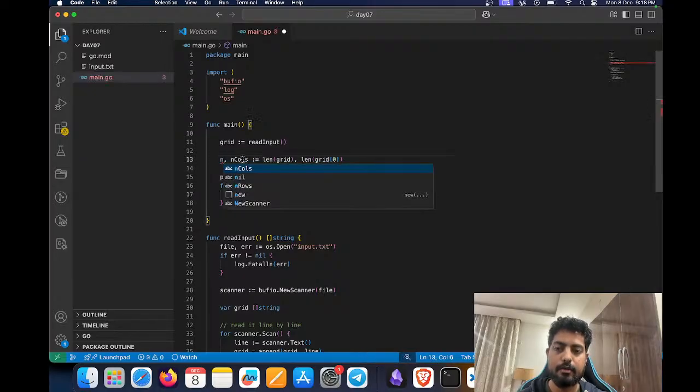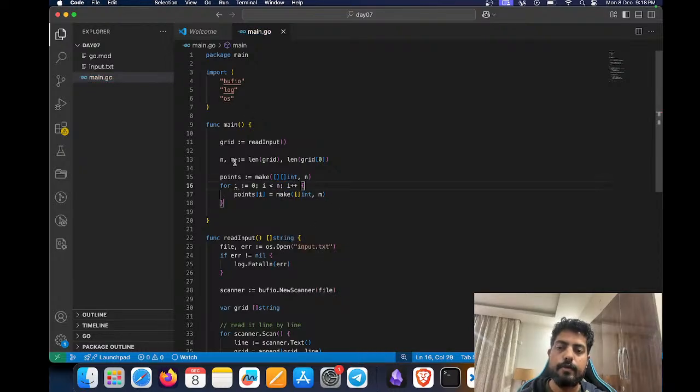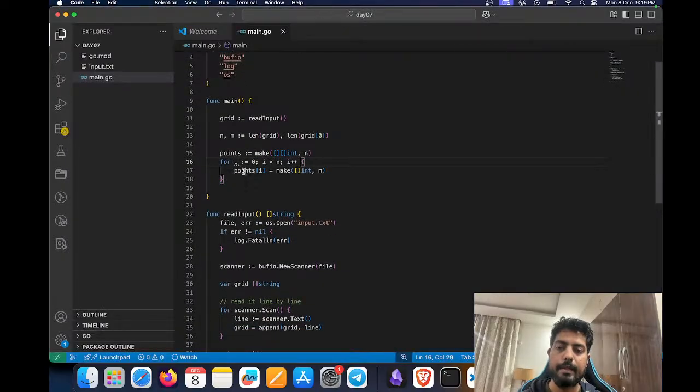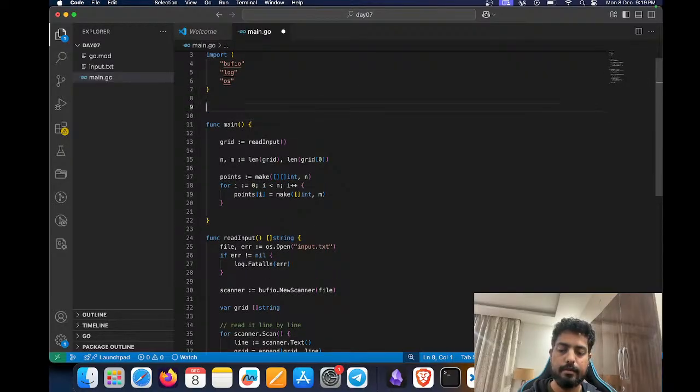I'll just call it n cross m because that is easier to think about and not too much of a tongue twister like n columns, n rows. Yeah, so we have an n cross m grid, which is the map that we have along with splitter, empty spaces, the source, and even the rays that we see at a later point of time. And now we have this matrix, which is called points. And let's have different kinds of state. Type int state.